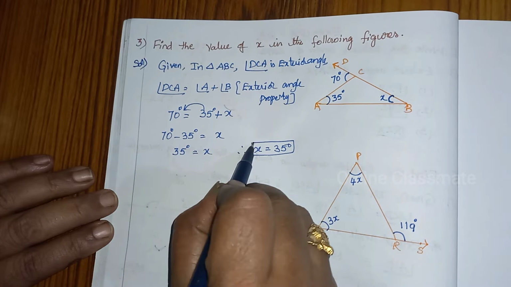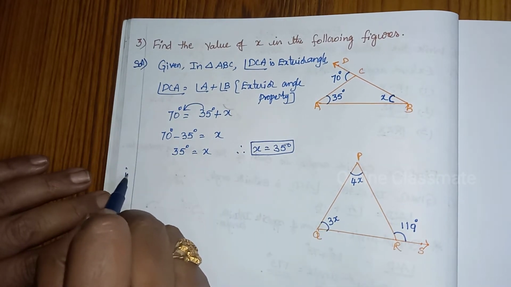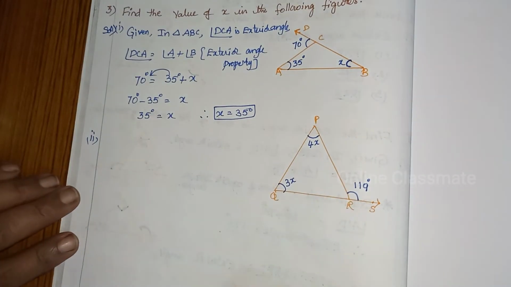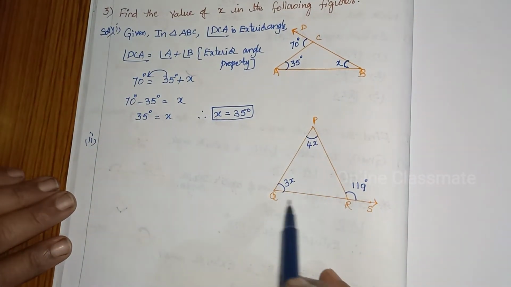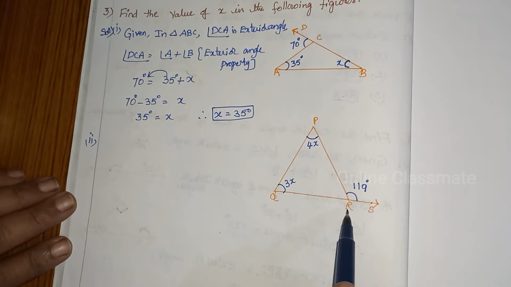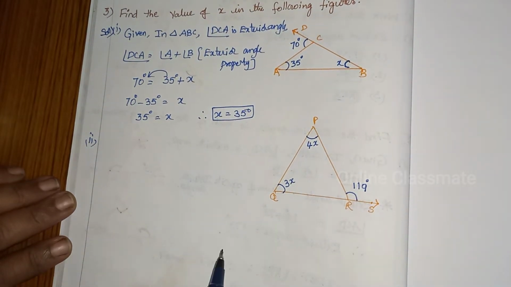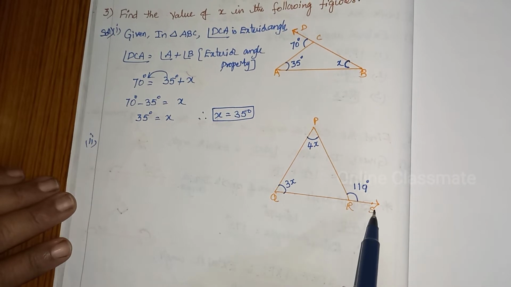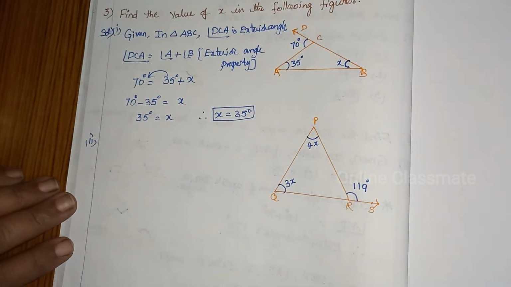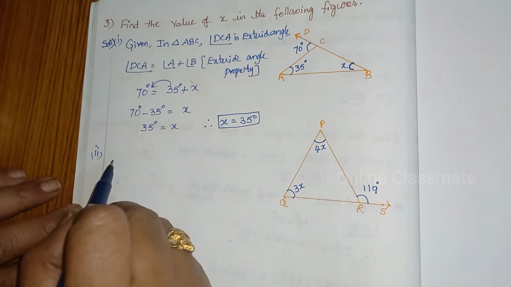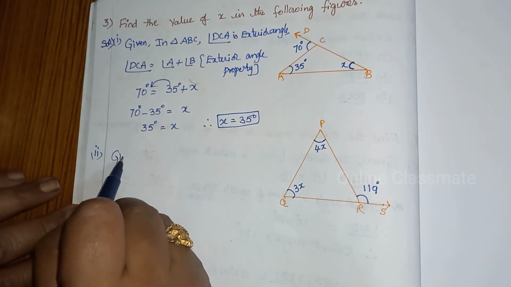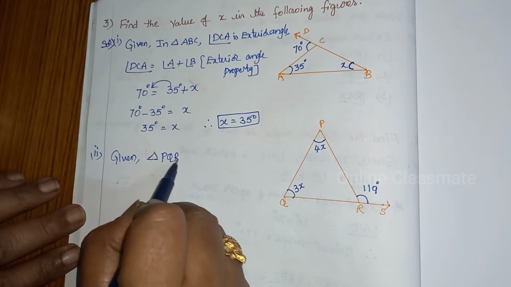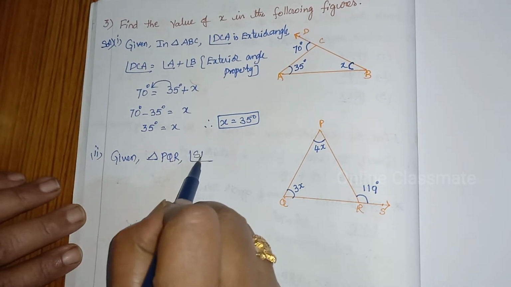Okay. Now second sum, first one. See, observe the figure here. PQR, SRP is the exterior angle. Outside of the triangle, this is called the exterior angle. Again, given triangle PQR, what is the exterior angle?